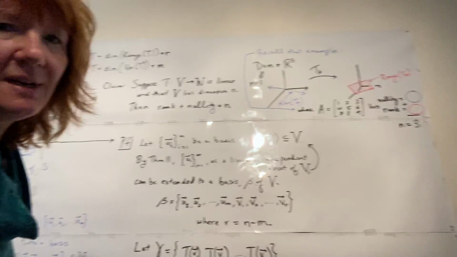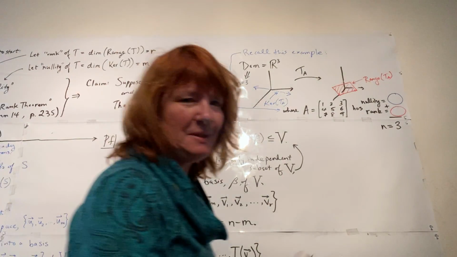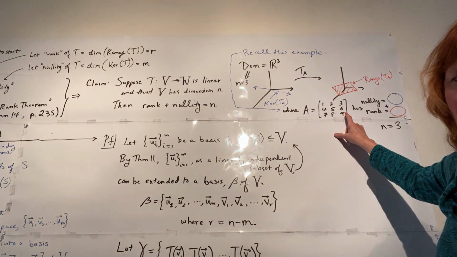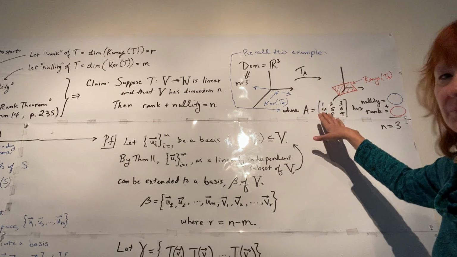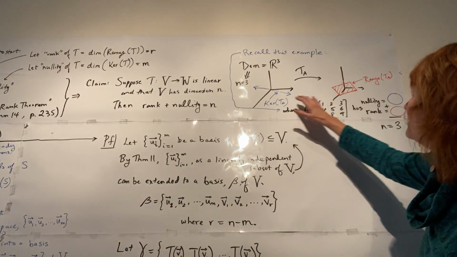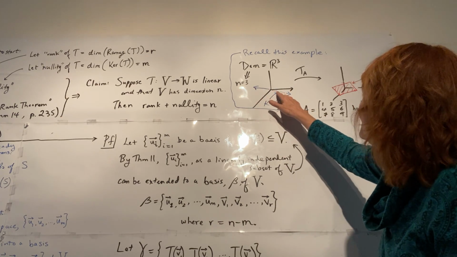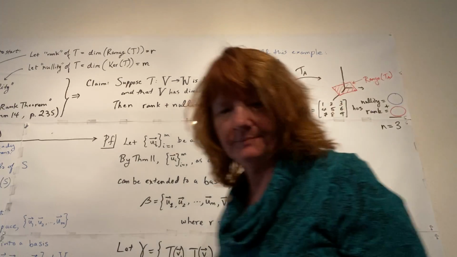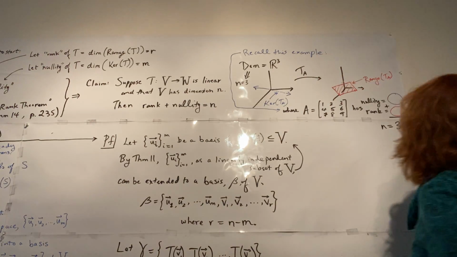So to get yourself straight on what all those things are, let's remind you of that example we just did. If A was the matrix 1, 2, 3, 4, 5, 6, 7, 8, 9, we did that example in the previous video, and we showed that the kernel was this line through the origin, and therefore the nullity, which is the dimension of the kernel, would be 1.